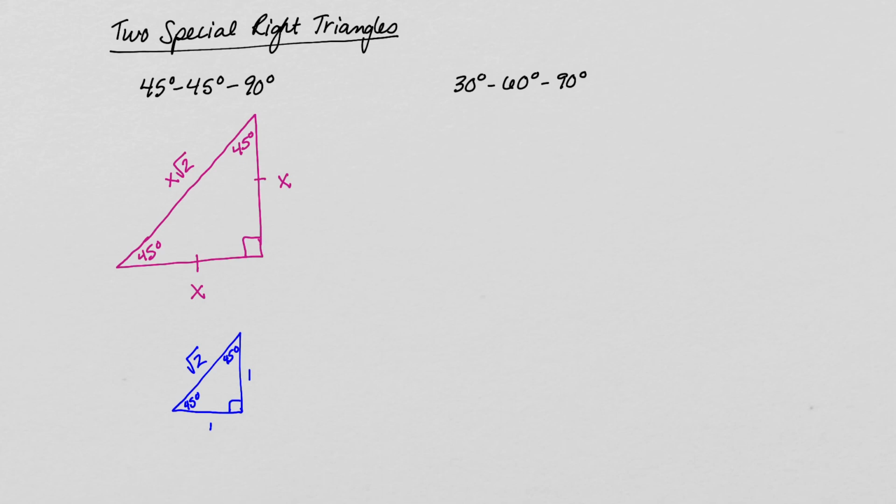Okay, the 30, 60, 90 triangle. One of the angles is skinnier than the other. So 30, 60, 90. And this also has a relationship.